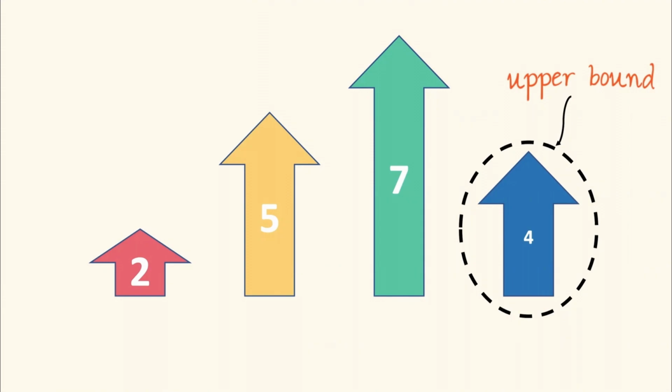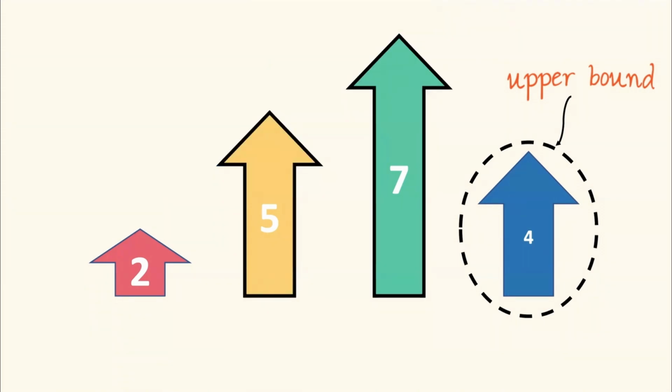Here, the upper bound is 4, so you have to break 7 in such a way that the maximum value after breaking should not exceed the upper bound, which is 4. And for 5, you can't exceed the minimum value that you get by breaking 7, as that will be the next upper bound for 5.